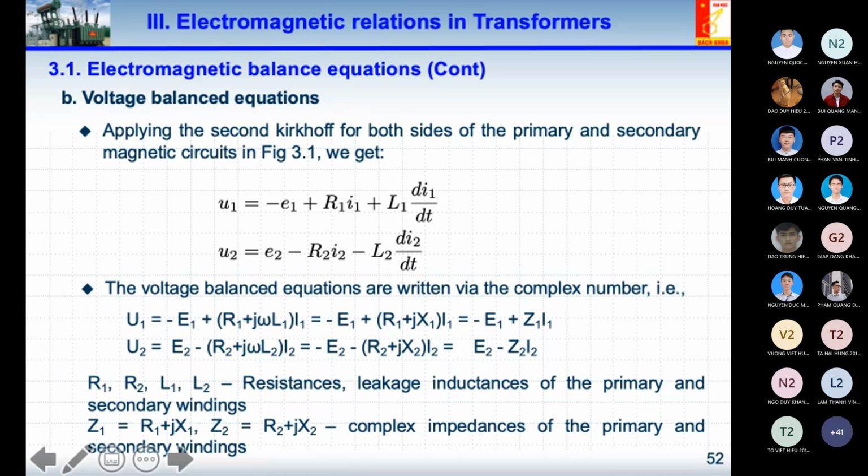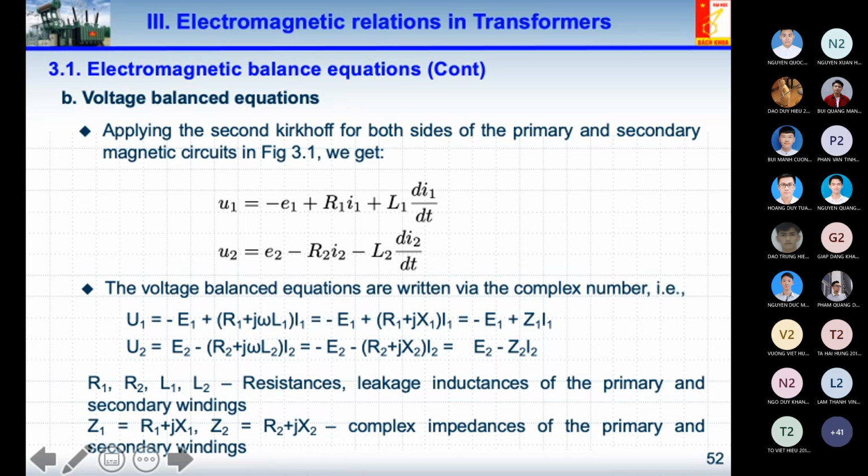For that, instead of writing W2 divided by W1, we can write 1 over K. And finally we get the magnetomotive force balance equation, which is also the current balance equation, like this.